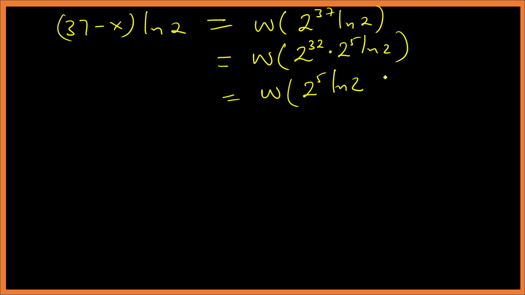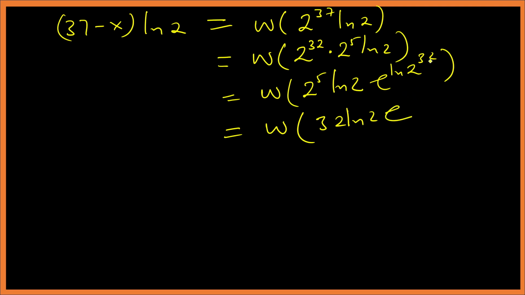So I'll take e of this times that. So we have 2 to the power 5 ln of 2. So e raised to ln of 2 to the power 32. So let's go again. W function, 2 to the power 5 is 32 ln of 2. Then e raised to, we have this one as power, so power of 32 ln of 2.